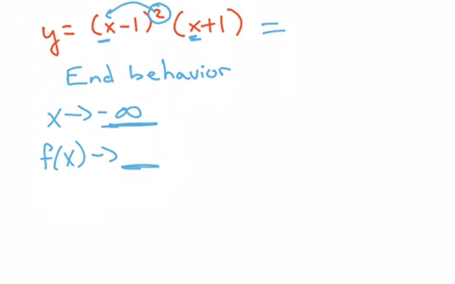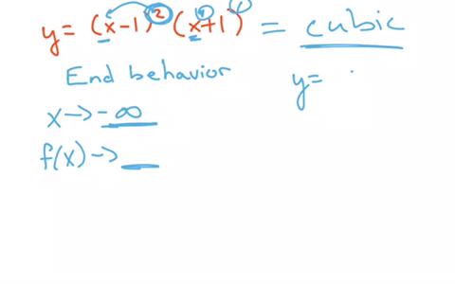So this function is written as a cubic. This exponent is 2, this exponent is 1, and 2 plus 1 is 3, hence it's a cubic. Though I don't need to write out the entire function, I know it starts off with an x cubed term, and the leading coefficient, though it's not written, is 1.